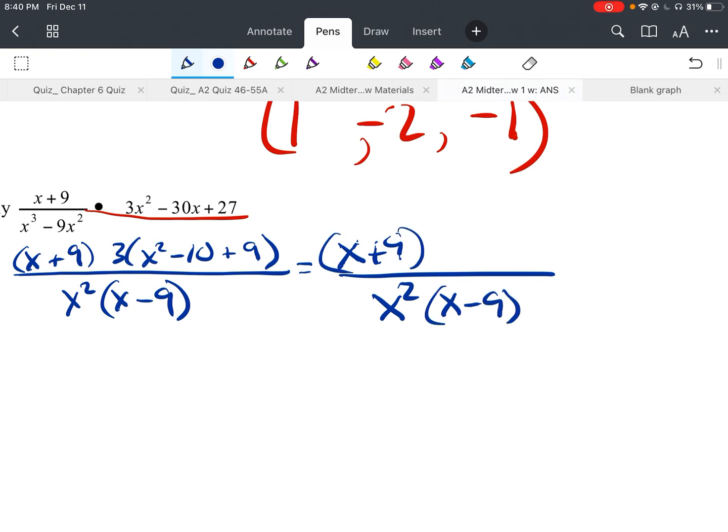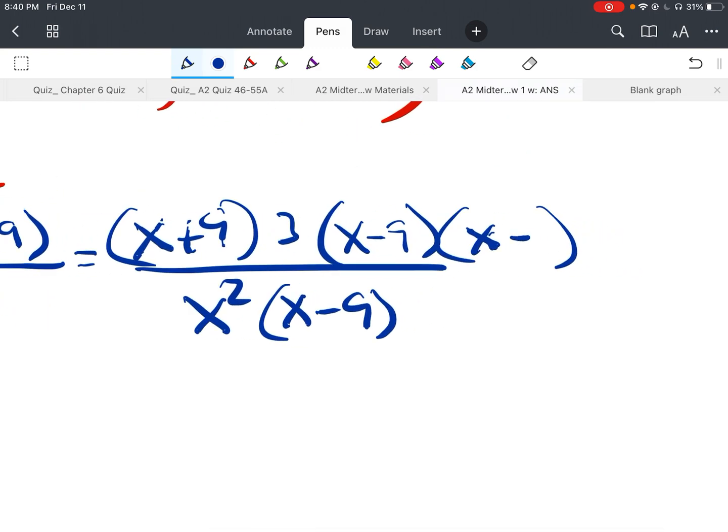Okay, and let's break this one down. Let's leave the 3 here. And I'm just going to see if I can cut this into 2 things. So let's see, x squared and 9. So signs are the same. So 9 and 1, I guess. So it'd be x minus 9 and x minus 1. Wild times over here.